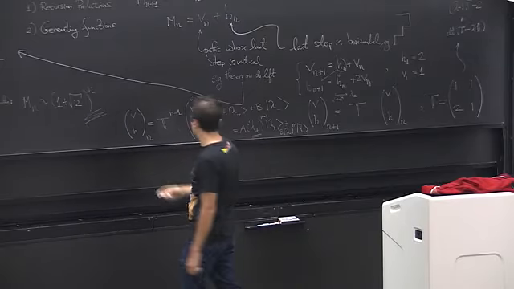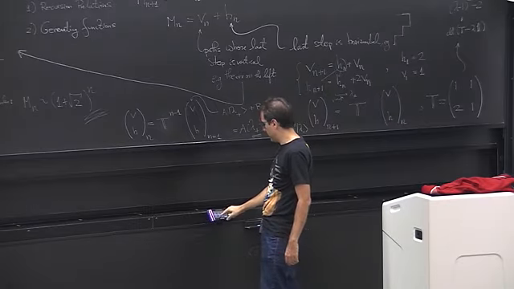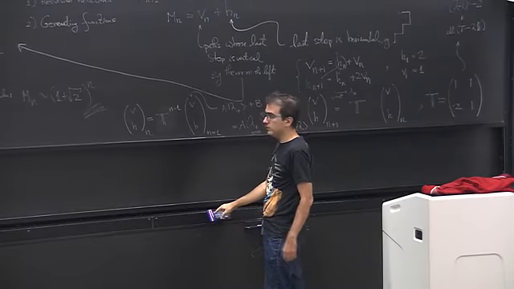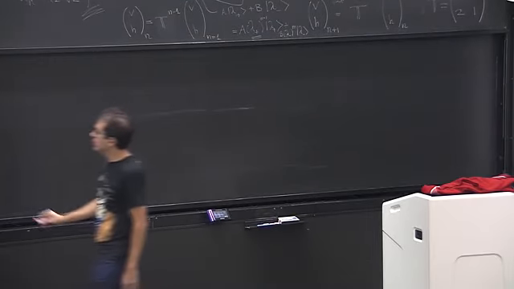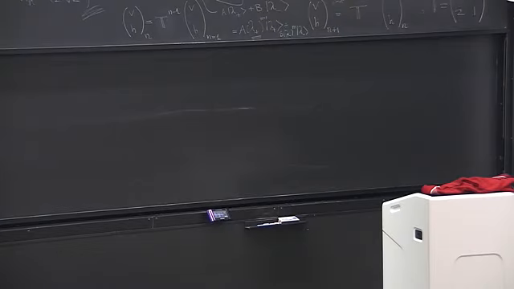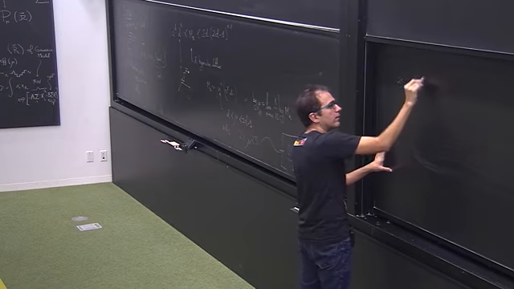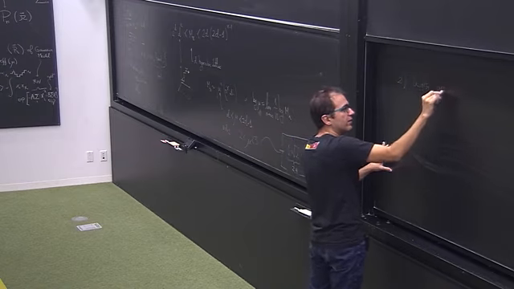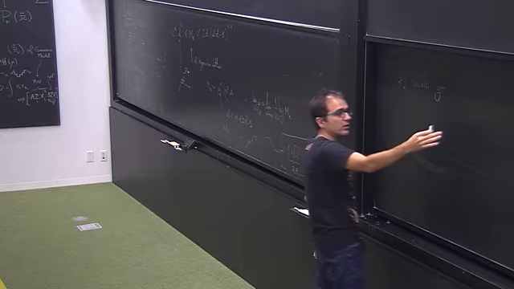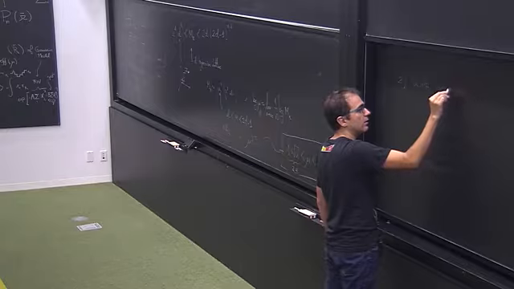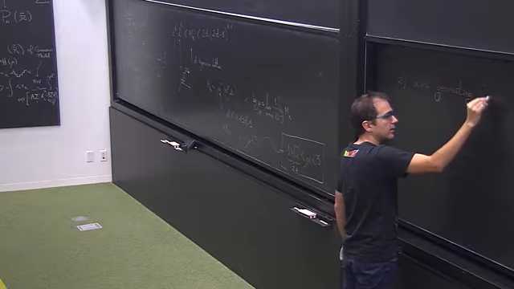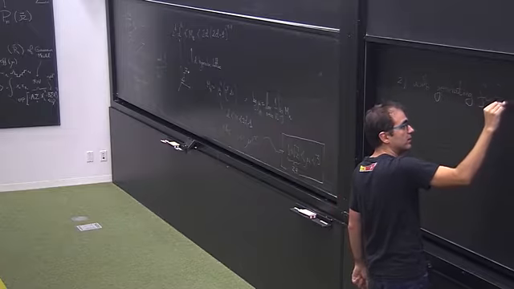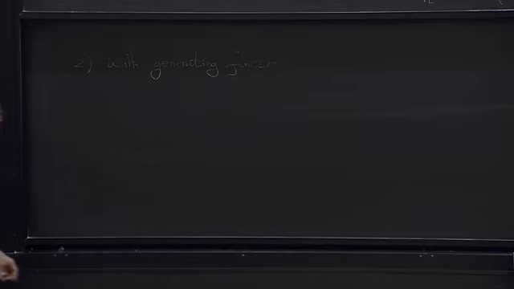The other way is using a generating function. So let me describe that other way of solving this same problem. So now let's solve it in a second way. The first method was a transfer matrix method or recursion relation method. And now with the generating function, which is the same thing, of course, it's just useful to know these tricks.